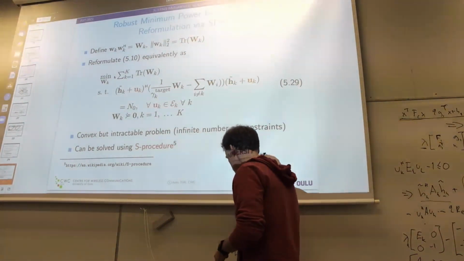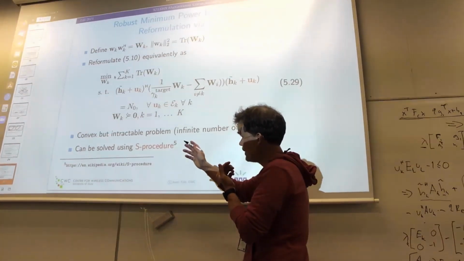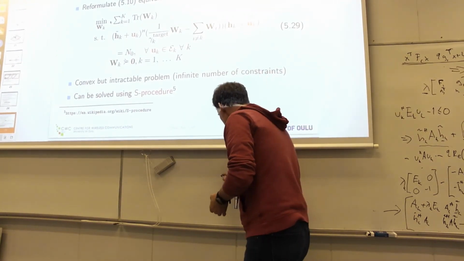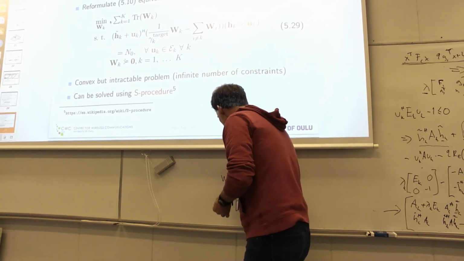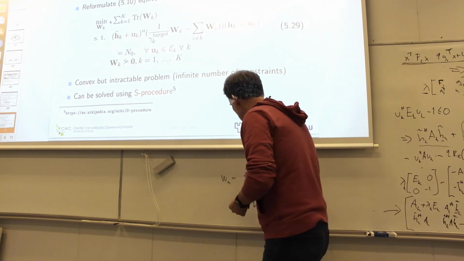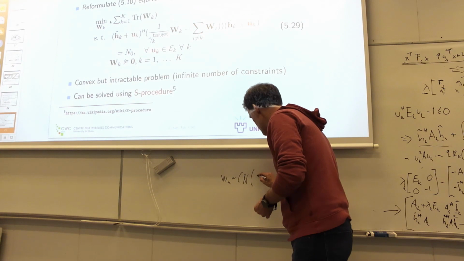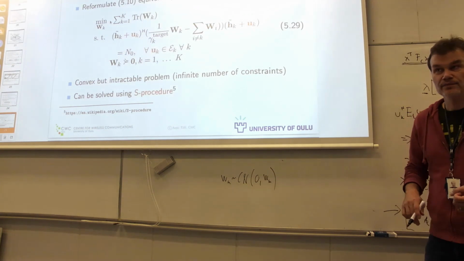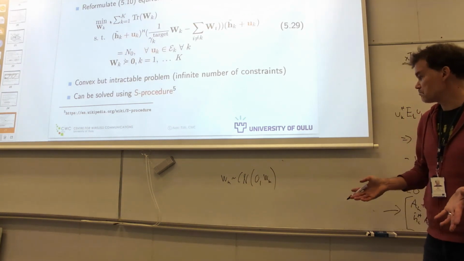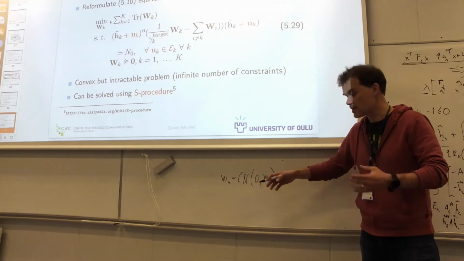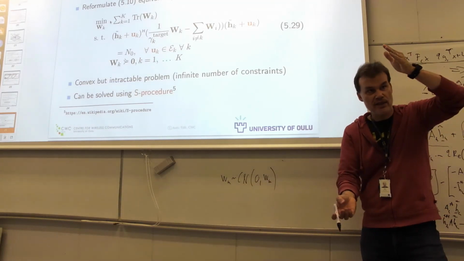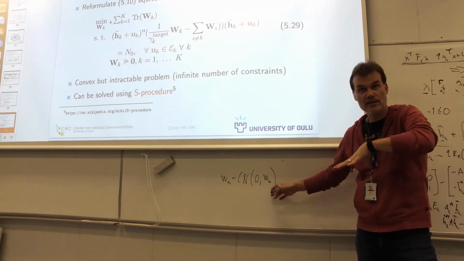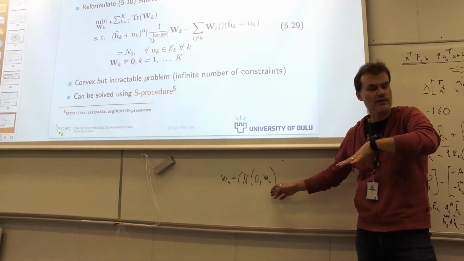randomization. So now this WK is the transmit covariance matrix. So you generate a vector from a complex Gaussian distribution, zero mean with covariance WK, right? Basically you generate an IID vector and then multiply it with the square root of WK.